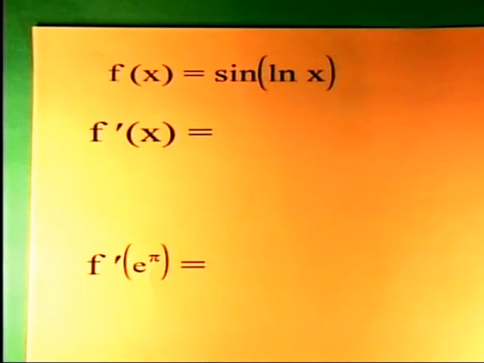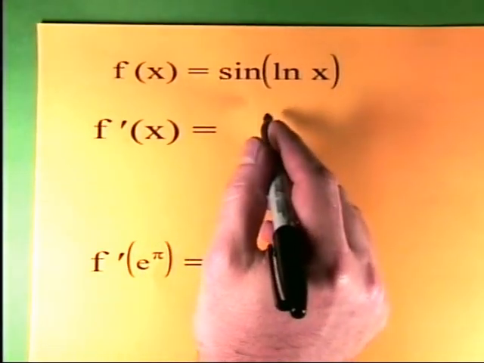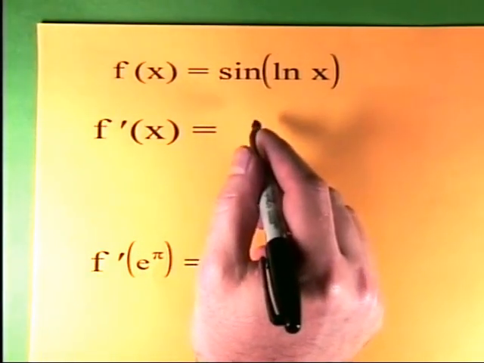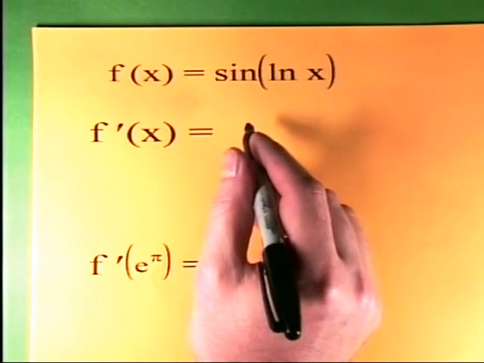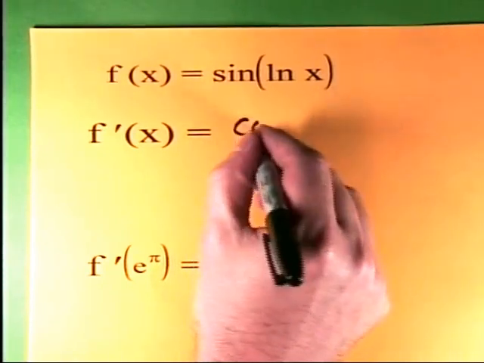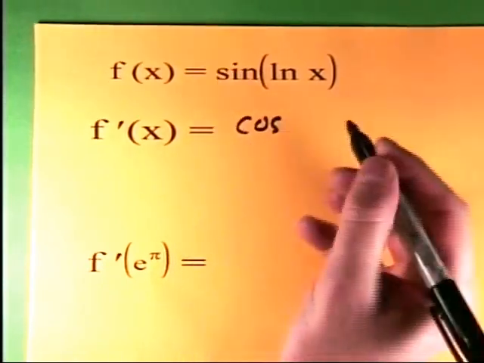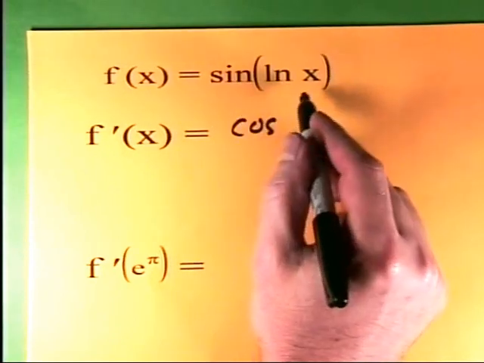Okay, Eric Estrada, the man on the motorcycle. Hold up, I can't see it, man. The sine of the natural log of x. So it's cosine, 1 over x. Oh wait, the derivative of sine of u is what?